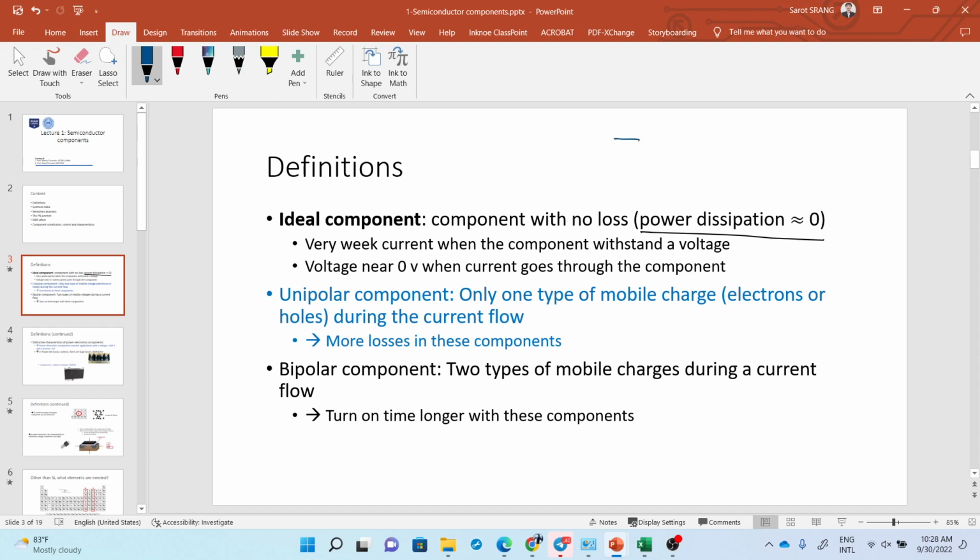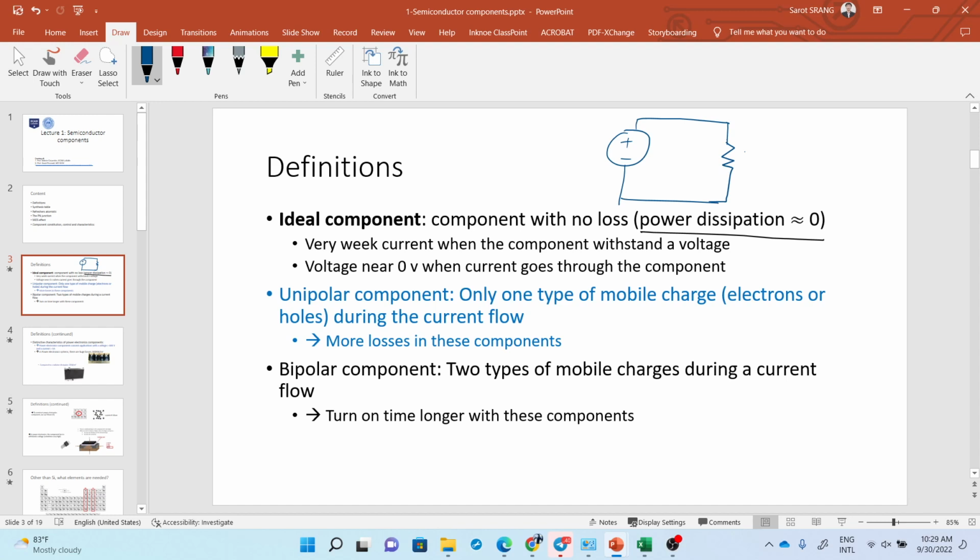Let's say you have a DC voltage supplied to a resistor, like this.